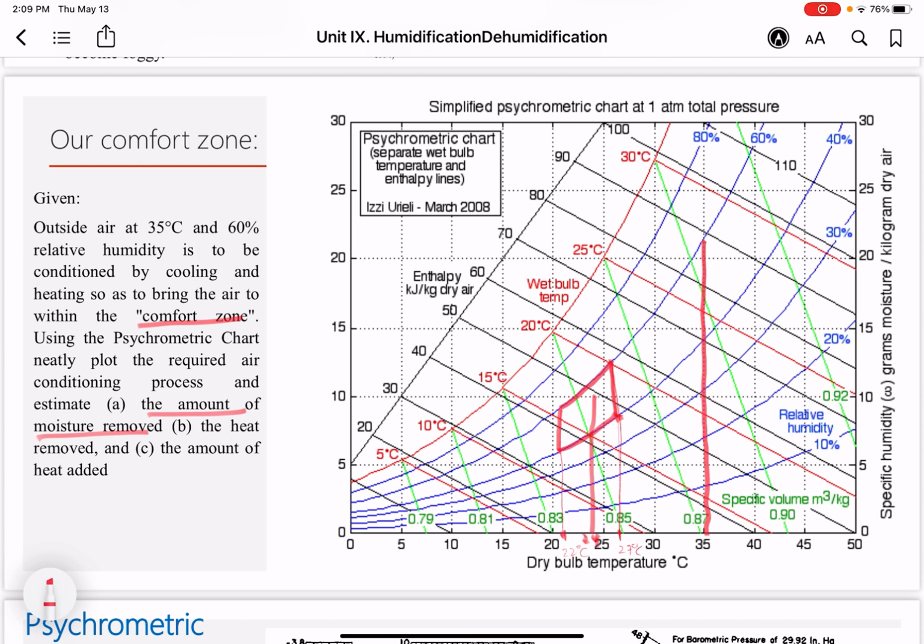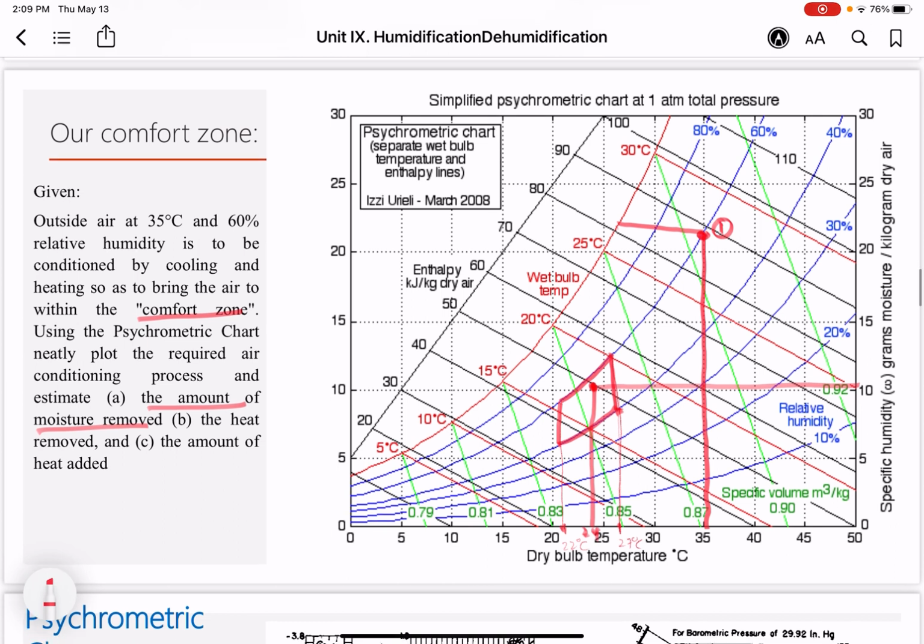Because for me to be able to get back to this zone here, so kung ipo-project ko, ayan, for me to be able to get to this point I need to lower the saturation, the relative humidity, of course.